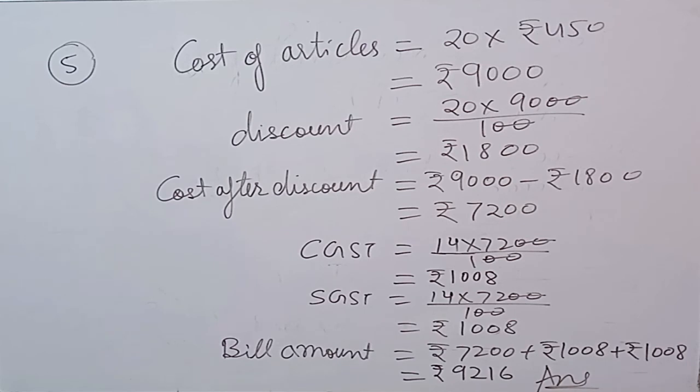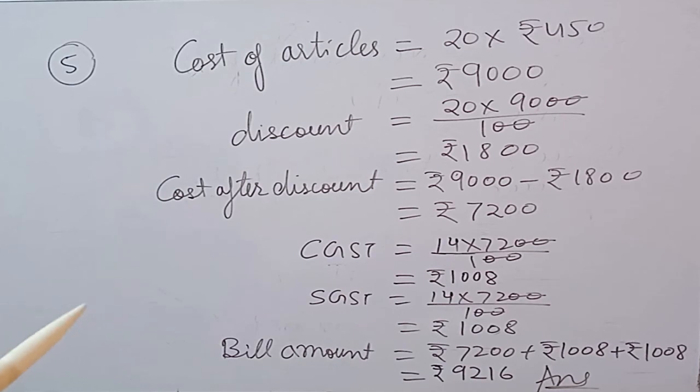He is giving a discount. Discount percent is given as 20%. So just find 20% of 9,000, that is rupees 1,800. So the cost after discount will be 9,000 minus 1,800, that is rupees 7,200.